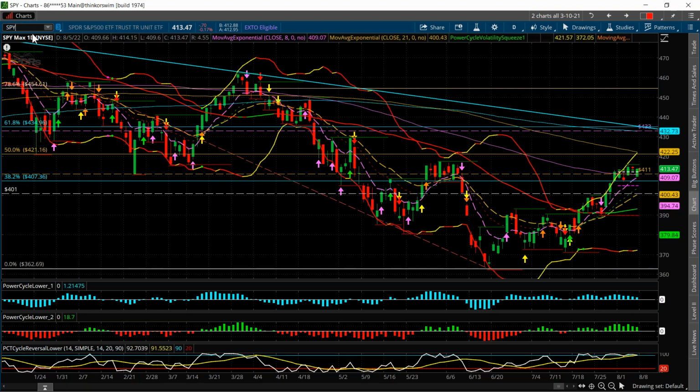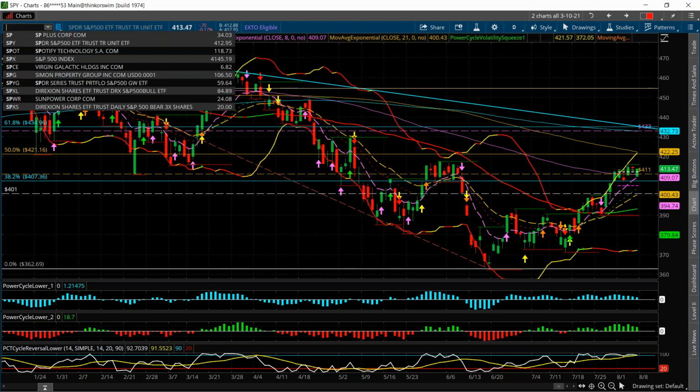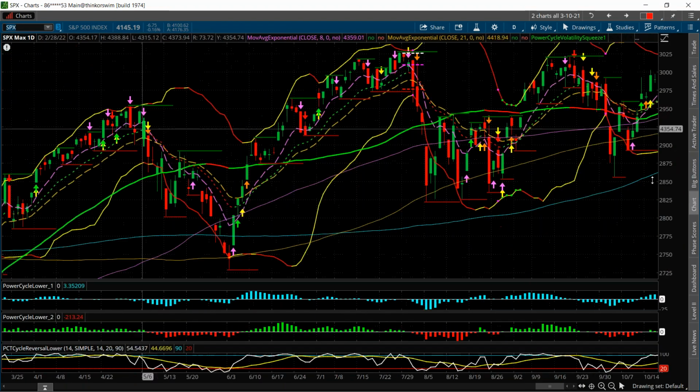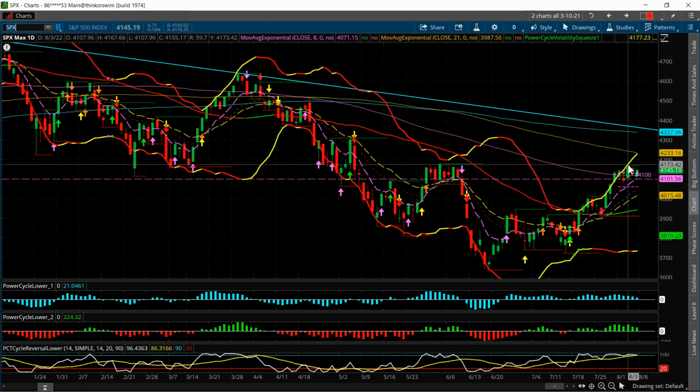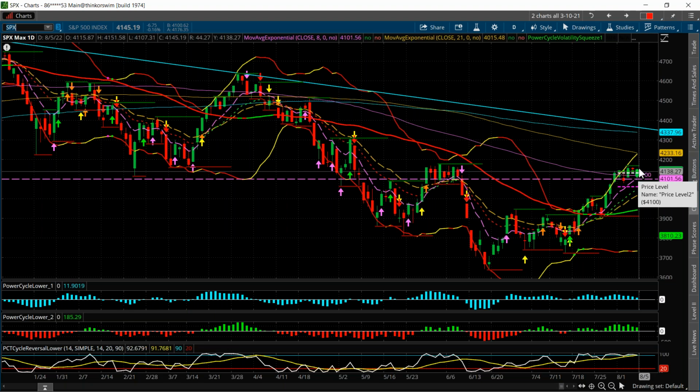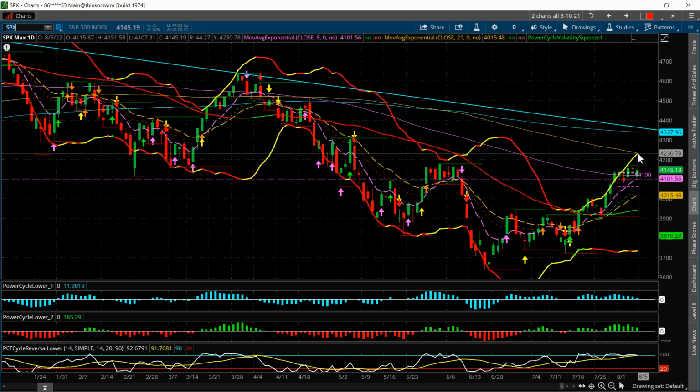If you look at SPX, that lines up with right here. We're at 4,145-4,150. So we're currently up about 14%. A move into here is going to be the 4,230 area.